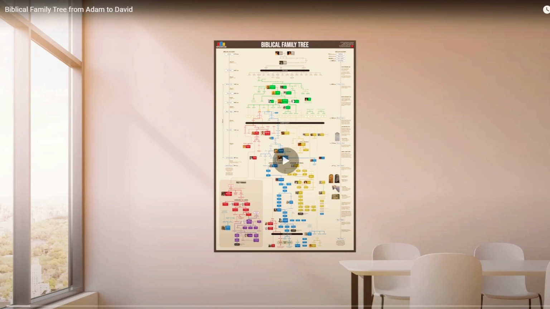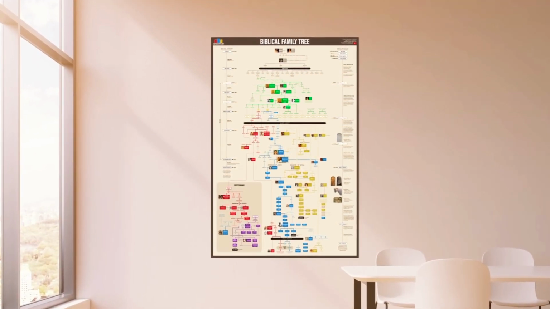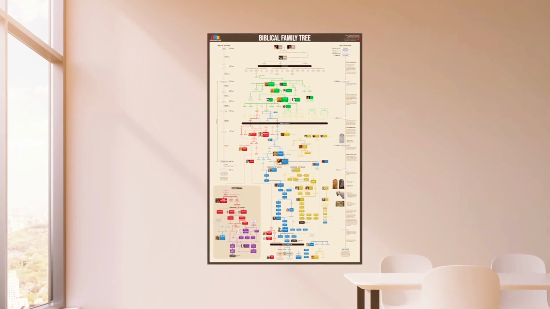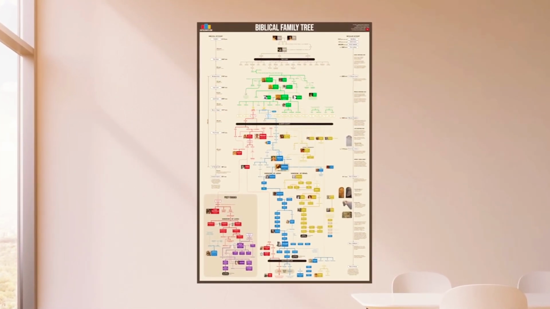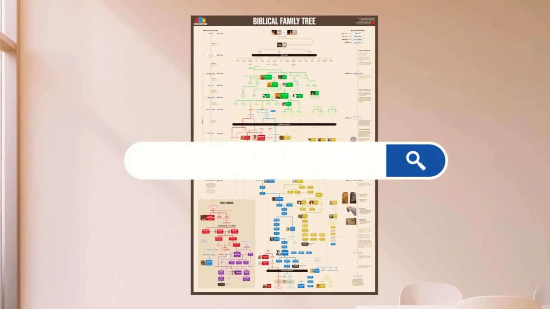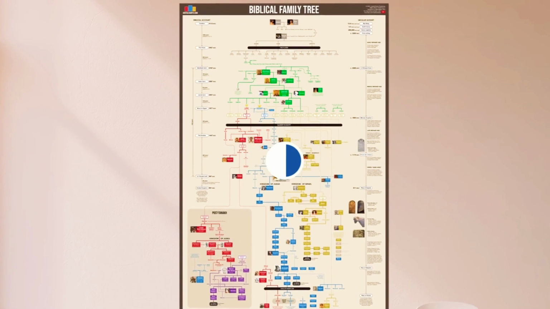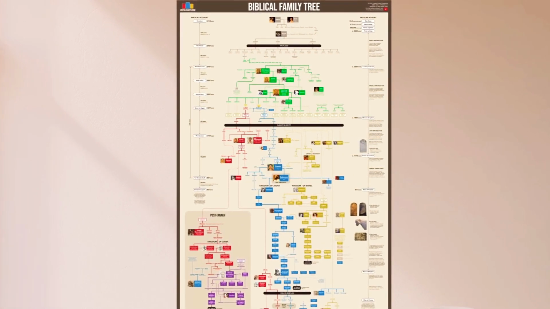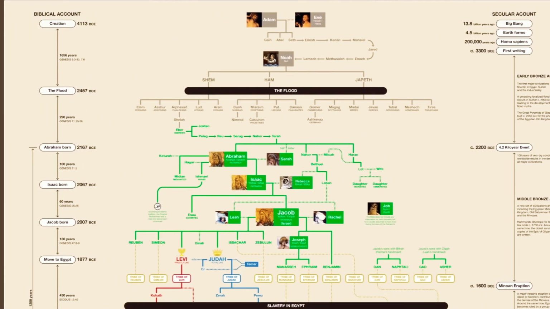Let's go. Today, I'm going to show you the family tree of the Bible from Adam and Eve to King David. I'll be using my brand new biblical family tree chart, which can be purchased as a poster from my website, UsefulCharts.com. Keep in mind that the sections we'll be looking at today, which are the ones at the top of the chart, are considered by most historians to fall into the category of myth and legend.